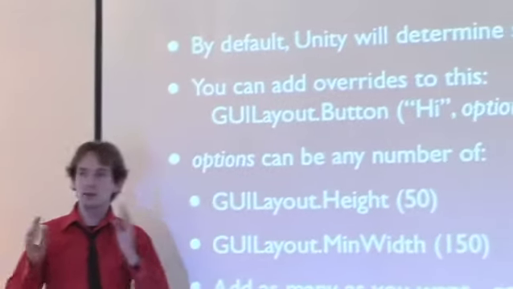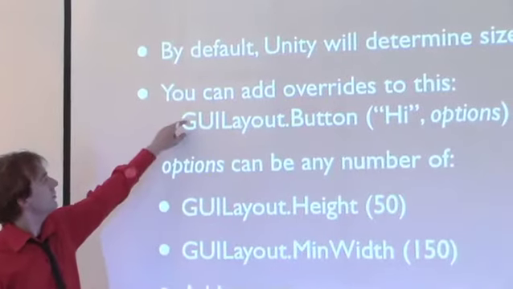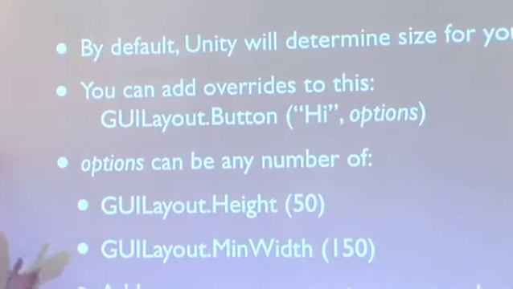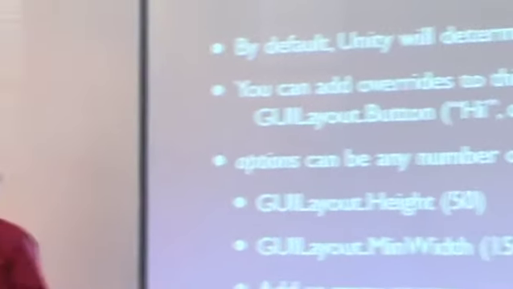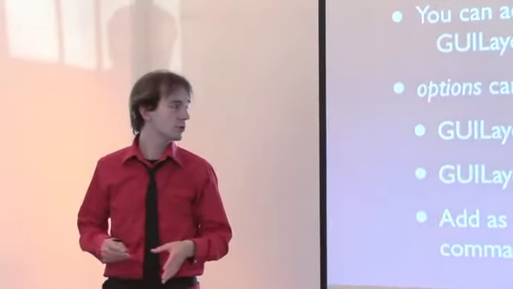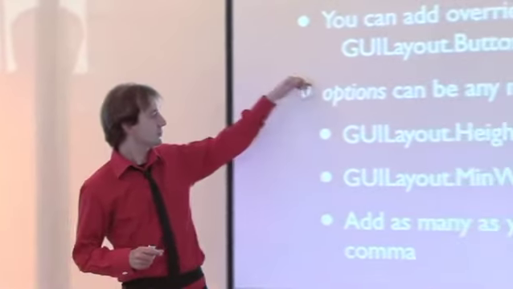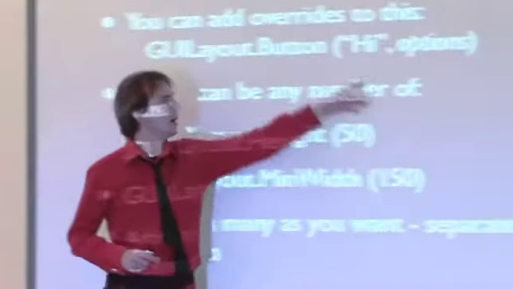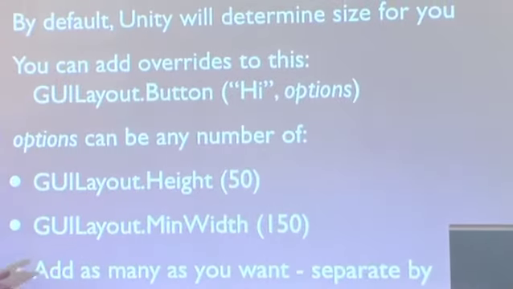No matter what you think, this is how it should be. So basically, you have at the end you can add options. It is a list of function calls, and it's in the GUI docs, which ones you can call. So you can have stuff like GUILayout.height. If I add this here, I'll get a 50 pixel tall button.